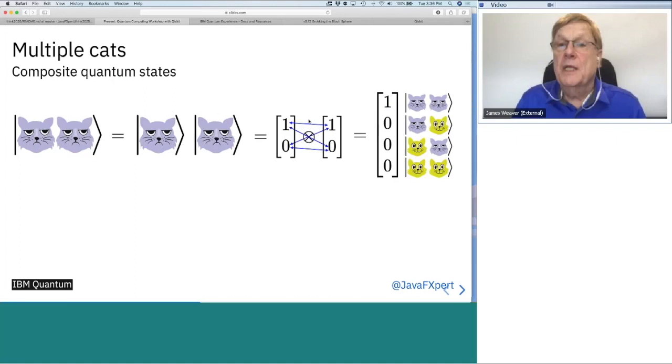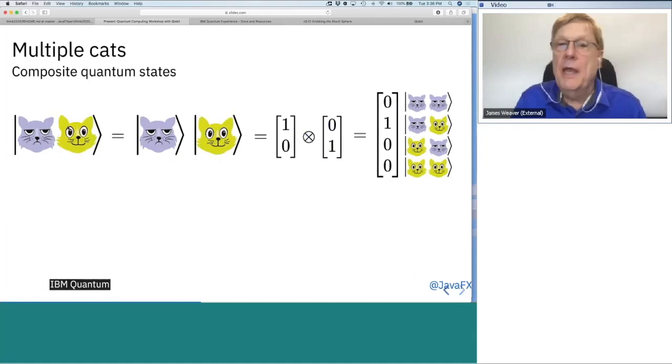Grumpy, grumpy. It's basically a binary progression of basis states, in which, in this case, the first one is a 1, which represents grumpy, grumpy. And I could do that with grumpy, happy. We'll do tensor products, and we find out that we have a 1 beside the grumpy, happy.